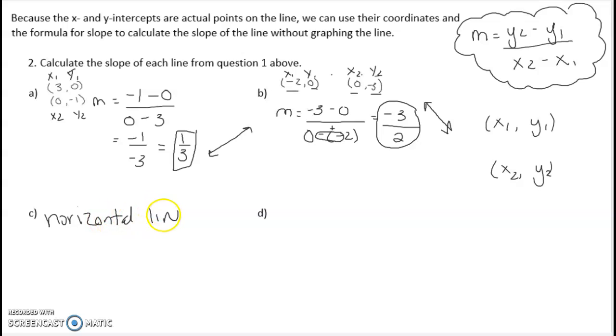With a horizontal line, that goes like this, right? So your slope actually is 0. It's not going up, it's not going down, it just stays consistently flat. So your slope is actually 0.